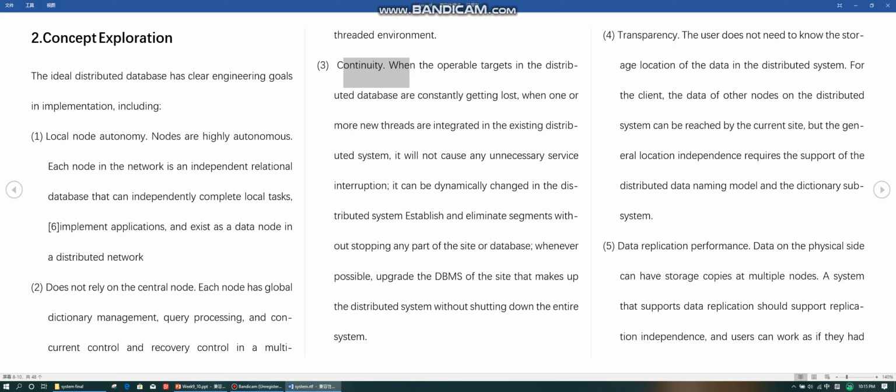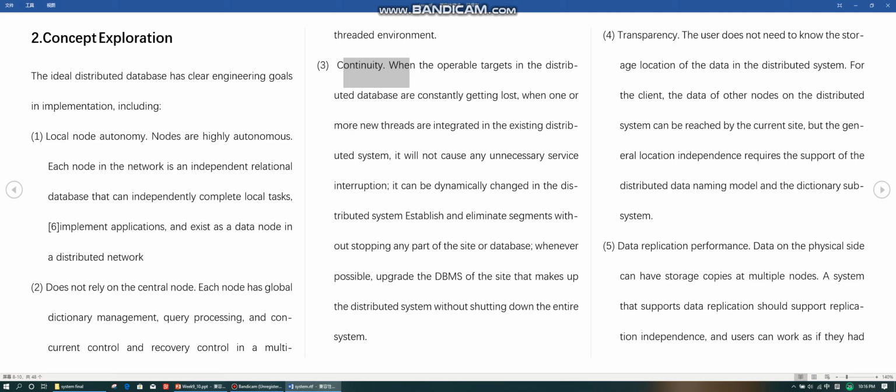It can be dramatically changed, with segments established and eliminated, without stopping any part of the site or database. Whenever possible, upgrade the DBMS of the site that makes up the distributed system without shutting down the entire system.